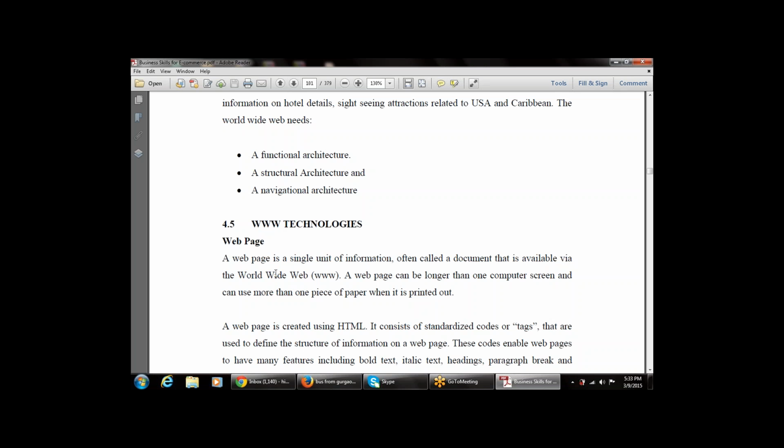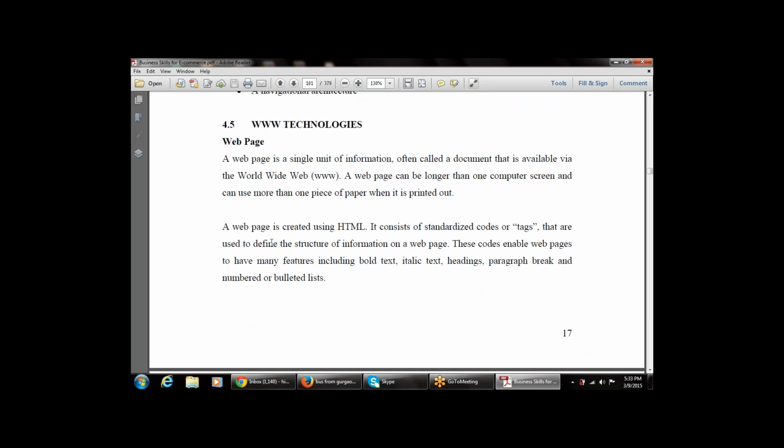A web page can be longer than one computer screen, so we can scroll from the top to the bottom, and it can use more than one piece of paper when it is printed out. So a web page is not necessarily a single screen of information; it can be longer than one computer screen and can use more than one piece of paper when printed out.